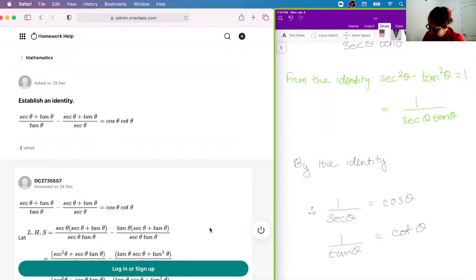And so this is equal to cos theta cotangent theta, and it's equal to your right side. So this is how you get the answer, and we just proved the identity.